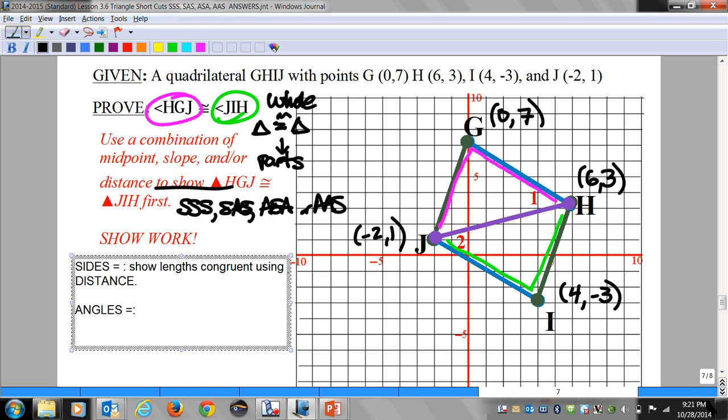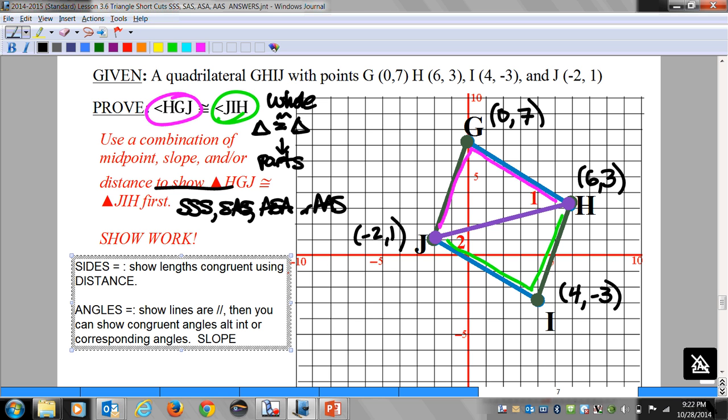But if you show lines are parallel, then you can show congruent angles, such as alternate interior or corresponding. The most common would be alternate interior or corresponding angles. So we first have to show lines are parallel. Now you ask yourself, how do you show parallel lines?